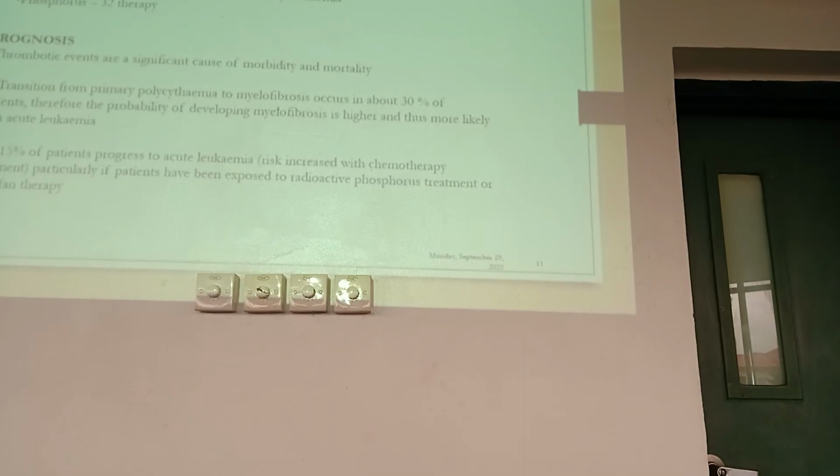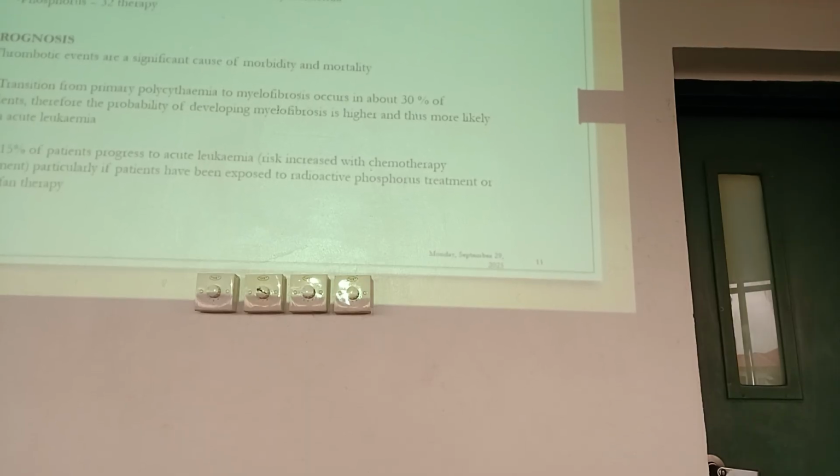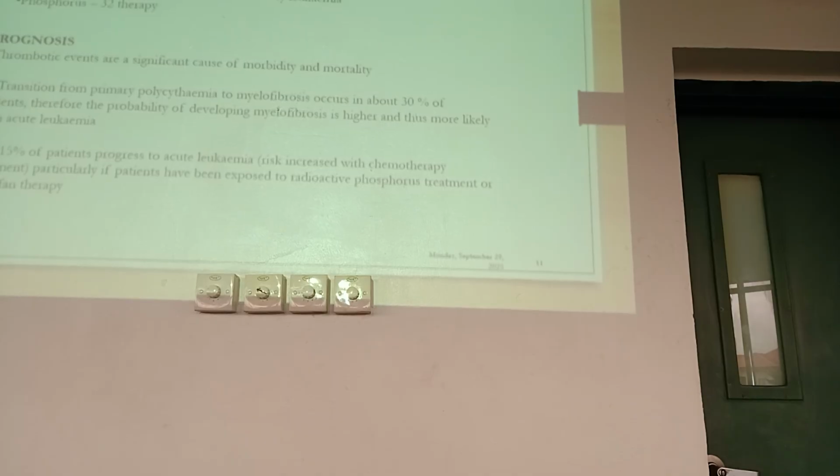Somebody is bleeding, and a polycythemic patient with a JAK2 mutation has donated blood. Why will you not want to give it? You want to seed the mutation in the marrow of the pregnant woman, so that later when the woman is 50 years old, she will develop polycythemia vera.